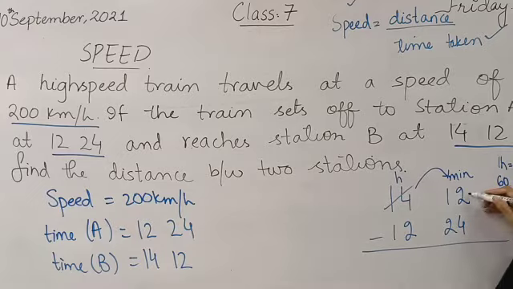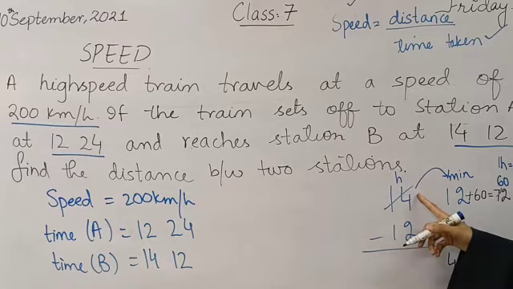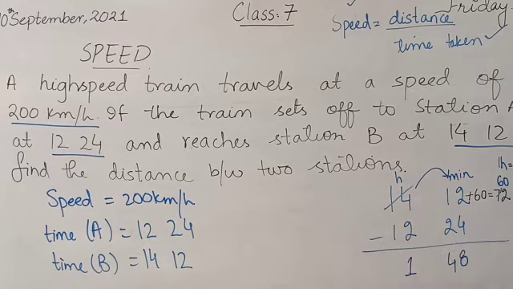So we'll write here 12 plus 60, which is equal to 72. Now we subtract 72 minus 24. 12 minus 4 is 8 and 6 minus 2 is 4. And here we have 13 left. So 13 minus 12 is 1. So 1 hour and 48 minutes are taken by the train to complete its journey.